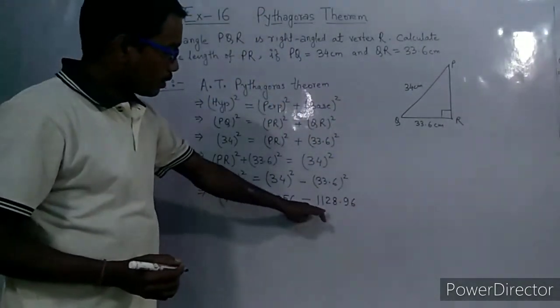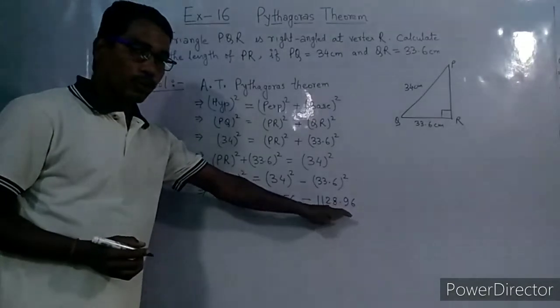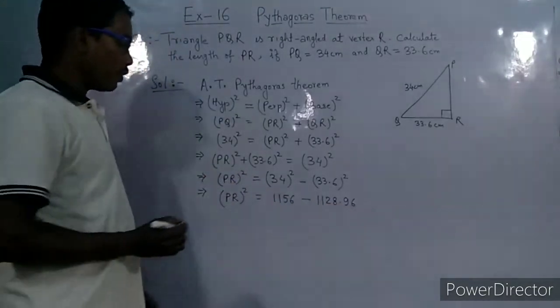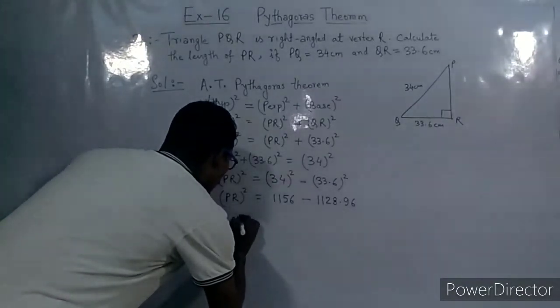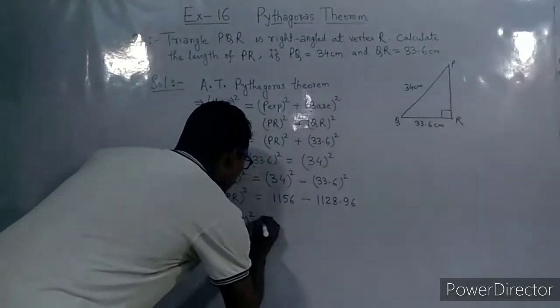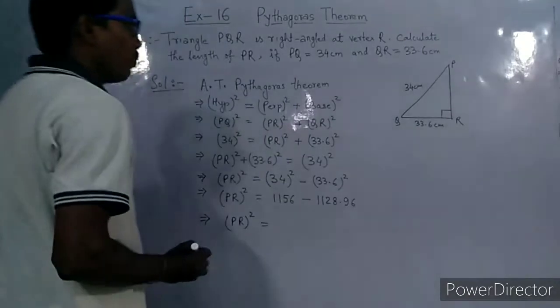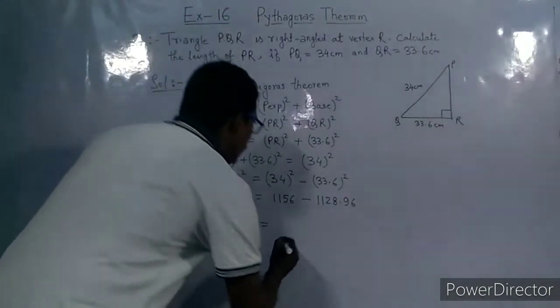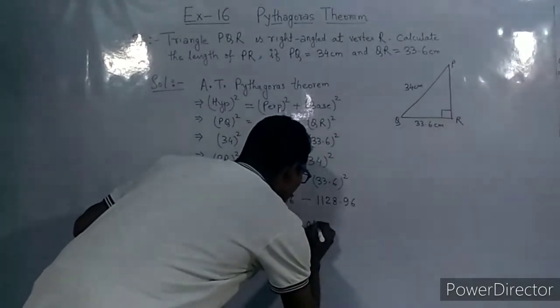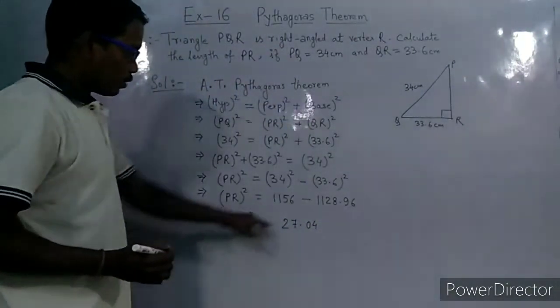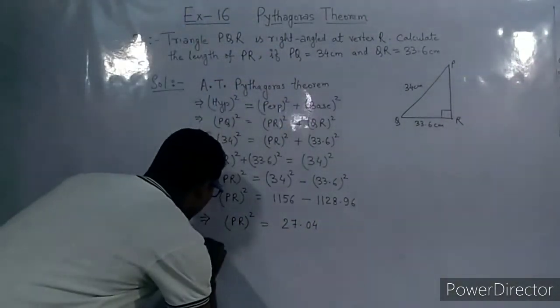Now minus 1128.96 from this, we get PR square equal to 27.04.